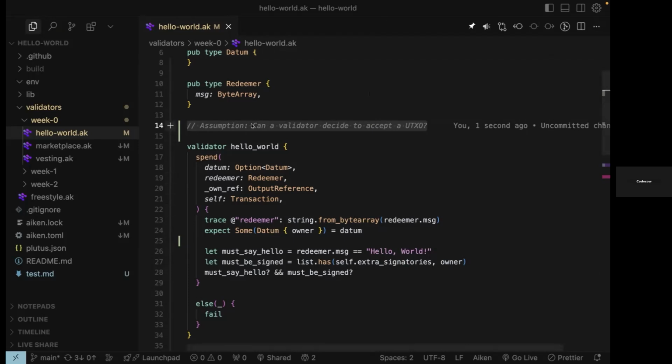It makes sense. It's a vulnerability, right? Because one of the things that could happen is I could send your hello world validator a billion NFTs. And then when you try to spend from it, you have to deal with all the logic of these billion NFTs to spend what you want, because I flooded it with these things. You're right.